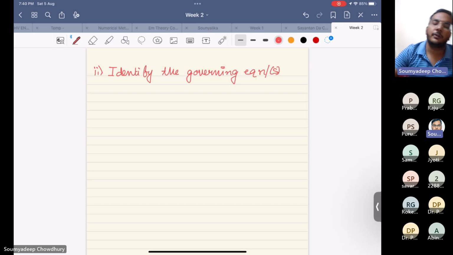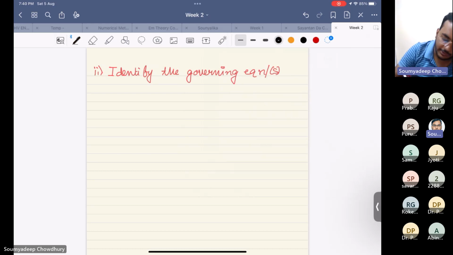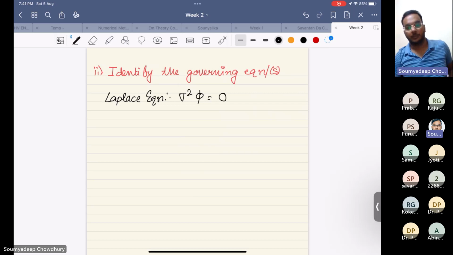Okay, so the main governing equation, I'll explain it again. In case of electrostatic, there are two governing equations. One is Laplace's equation and the other is Poisson's equation, right? So what is Laplace's equation? Can anyone tell what is Laplace equation? It is del square phi equal to 0. Phi is my potential.